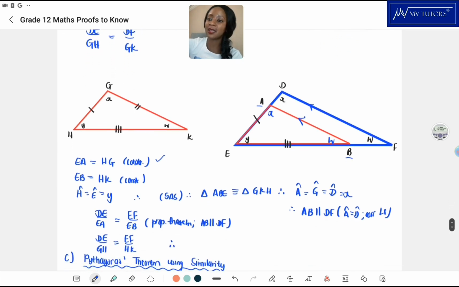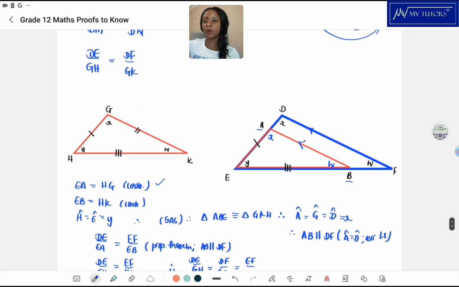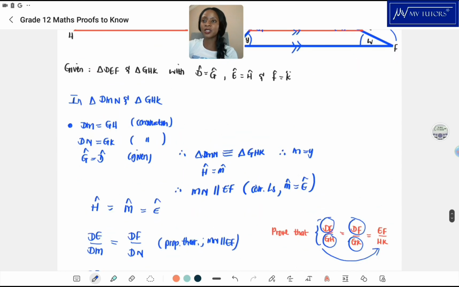We can then say, therefore DE over GH is equal to DF over GK, which is equal to EF over HK.